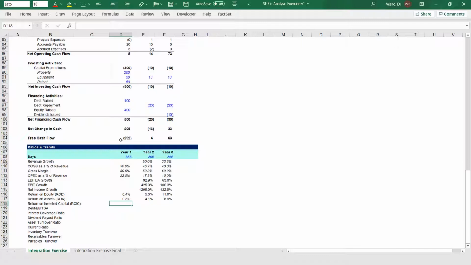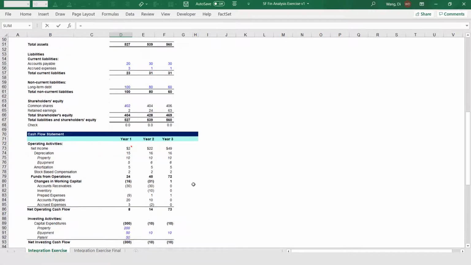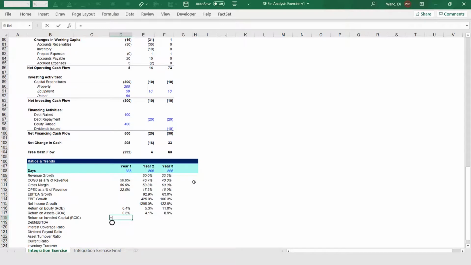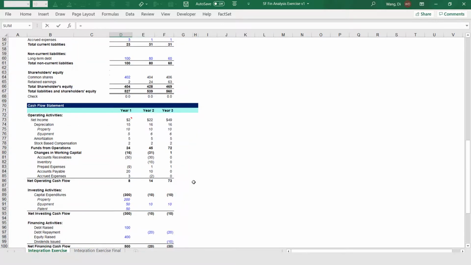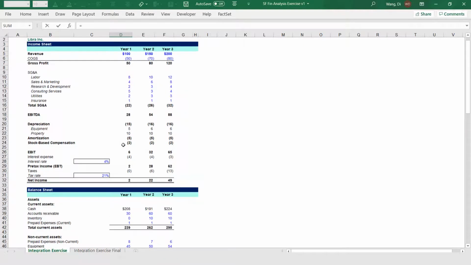Our return on invested capital is going to be NOPAT, and we don't actually have NOPAT here, so we'll just calculate it on our own, and that is going to be net operating profit after tax. So in this case, our net operating profit is going to be our EBIT number.